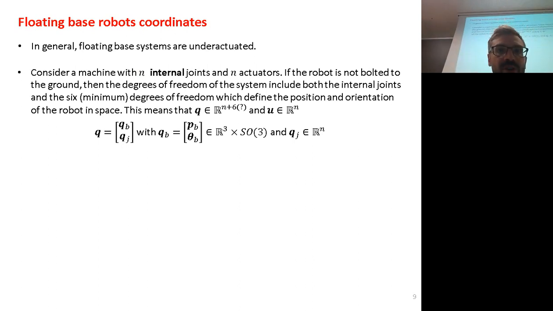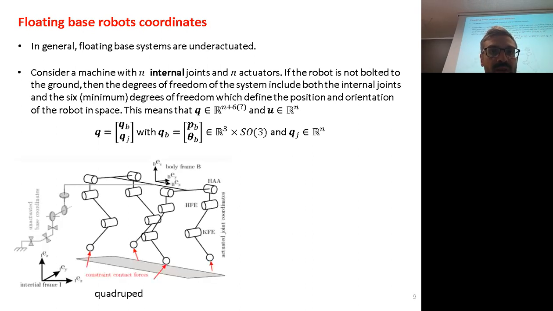So if the robot is not bolted to the ground, the degrees of freedom of the system include both the internal joints, for example, the leg joints, and also the 6 degrees of freedom that represent the position and the orientation of the floating base, the trunk of the robot, in space. And to the trunk will be attached all the legs, for example. That will be like a fixed-base manipulator.